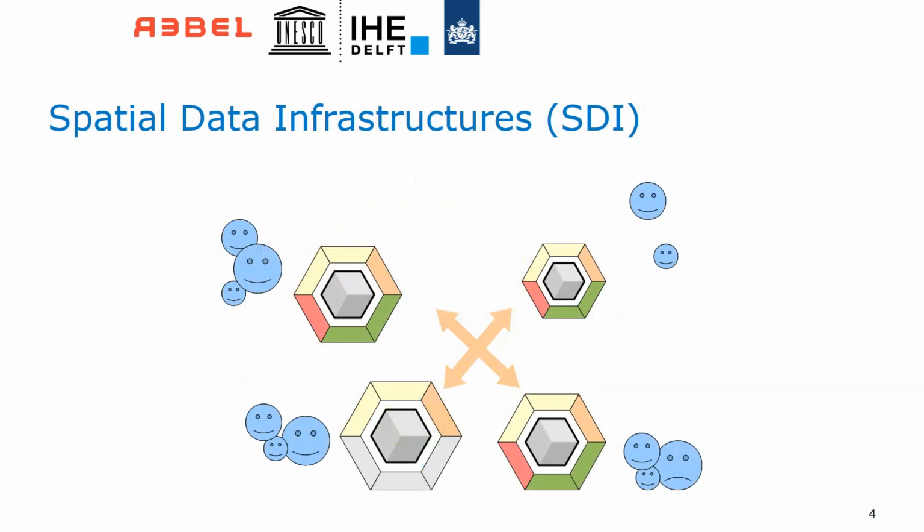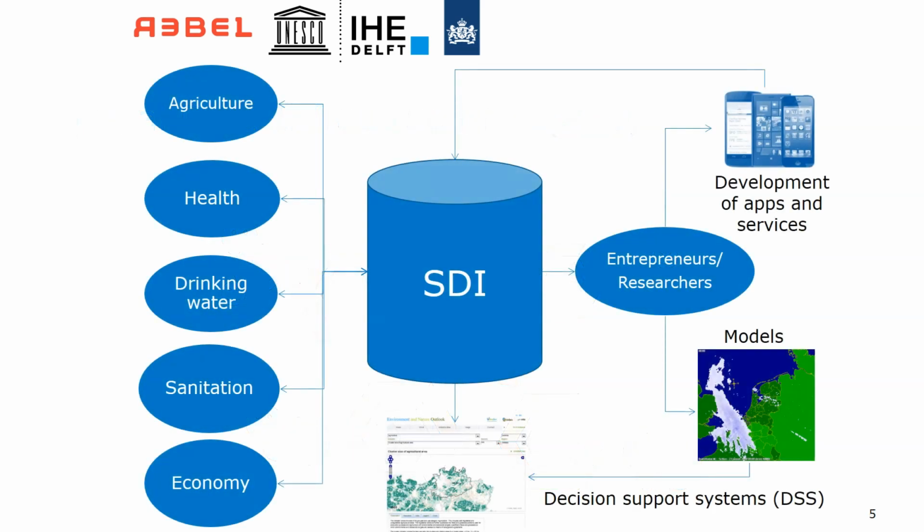In the concept of spatial data infrastructures or SDI, connecting these different GISs to each other and GIS users to each other is key. In the previous video we have discussed integrated water resources management, where the different sectors need to exchange the data and information. We can exchange data between these sectors using an SDI.